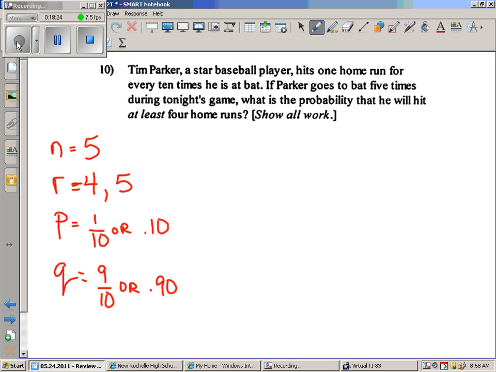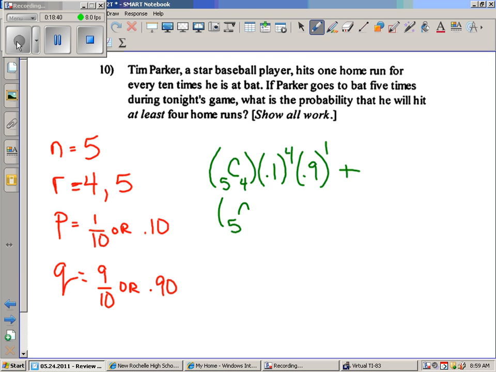So here we go. We are going to do 5C4, 0.1 to the fourth, 0.9 to the first, plus 5C5, 0.1 to the fifth, 0.9 to the 0.